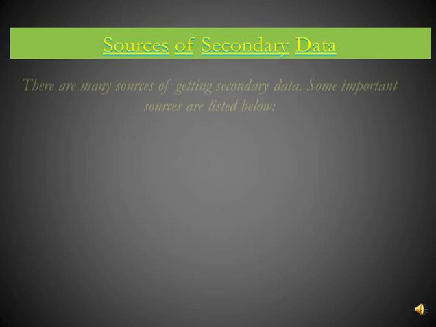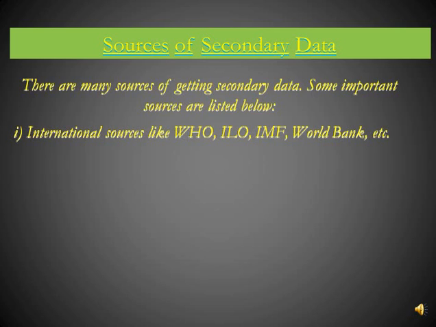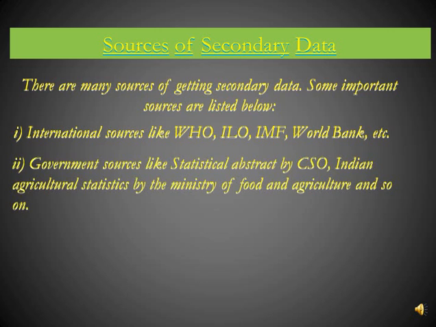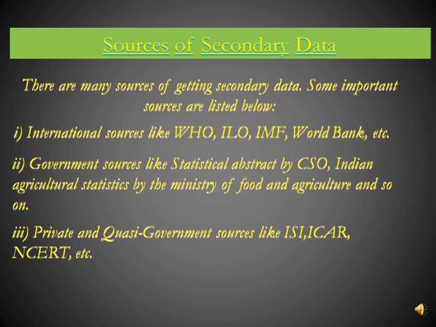Now, what are the sources of secondary data? There are many sources of getting secondary data. Some of the important sources are listed below. First, you can collect the secondary data from international sources like World Health Organization (WHO), International Labour Organization (ILO), International Monetary Fund (IMF), World Bank, etc. Second one is government sources like Statistical Abstract by CSO, Indian Agriculture Statistics by the Ministry of Food and Agriculture, and so on.